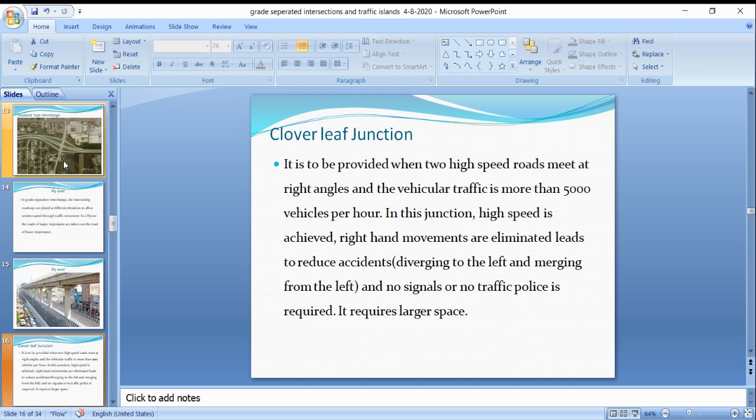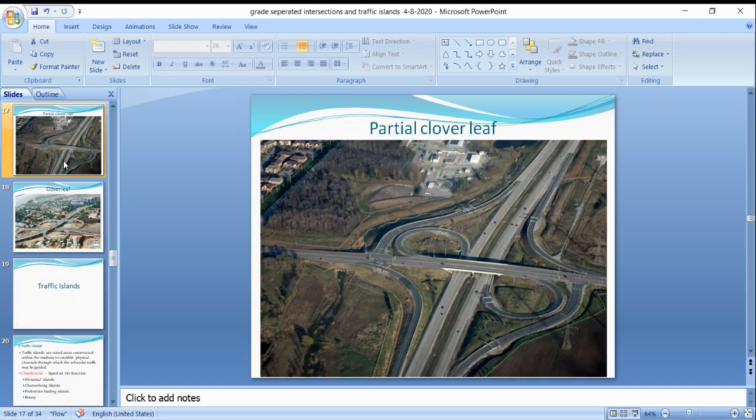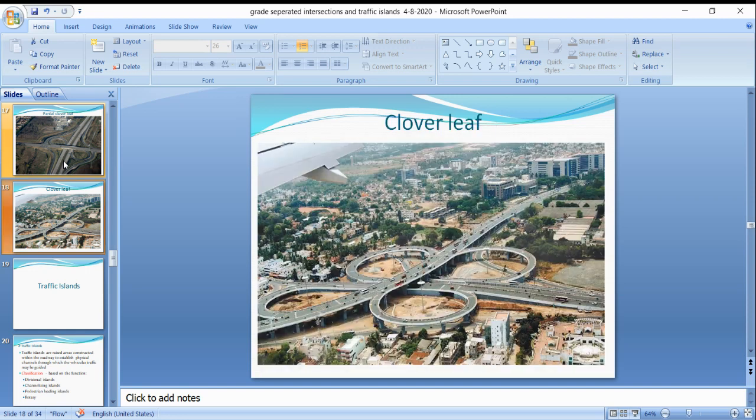But the main disadvantage of clover leaf junctions is that they require a larger space. Here we can see a partial clover, with arcs like two circles in between, just like ears. This is the complete clover leaf.